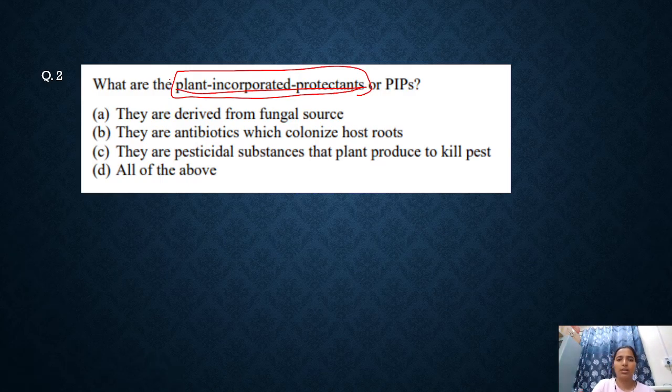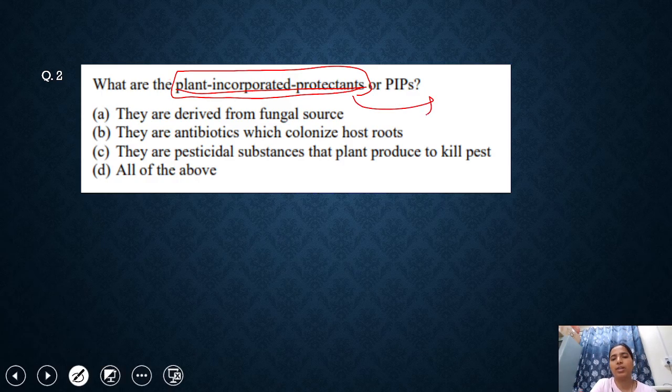The name itself tells you what they are asking for: plant incorporated protectant. From the name you can identify that these are protectants that can protect the plant, and incorporated means they are already present in the plant. Suppose this is your plant, so this plant already contains these molecules or components that can help in protection.